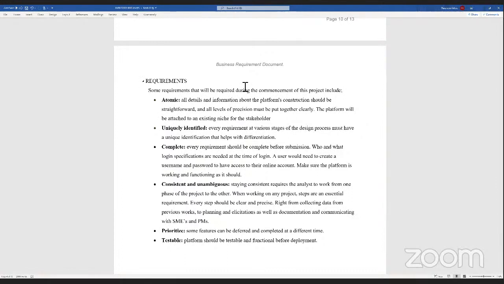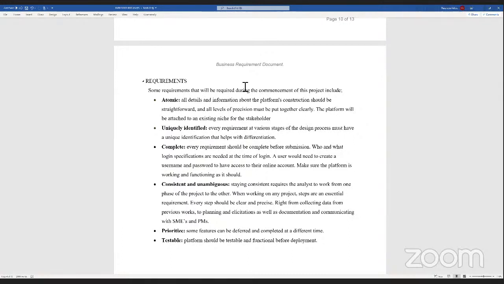We just need to do what they want. It should be uniquely identified. At every stage of the design process, we must have a unique identifier that lets us know that, okay, the design phase has been completed, the user interface phase has been completed. That's what this means.